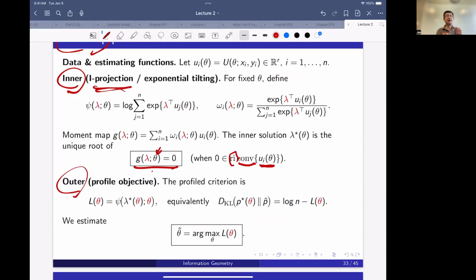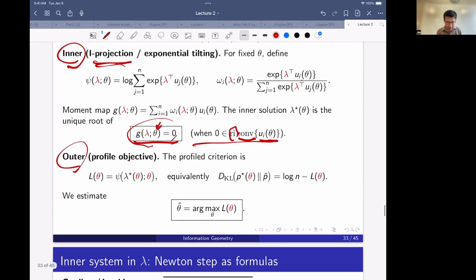As long as zero is inside your convex hull, you can just solve it. If zero is on the boundary, then it's more complicated, but let's assume zero is inside. Then this problem is relatively easy. It's just this problem of solving for lambda.